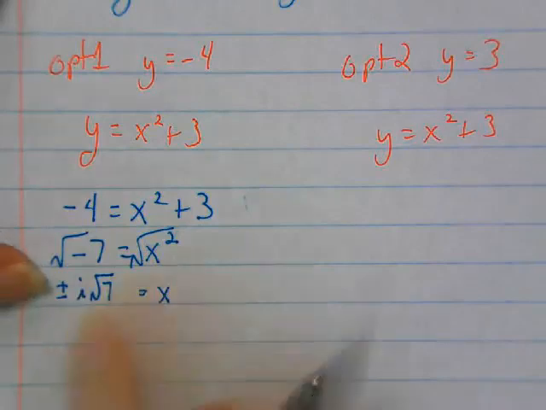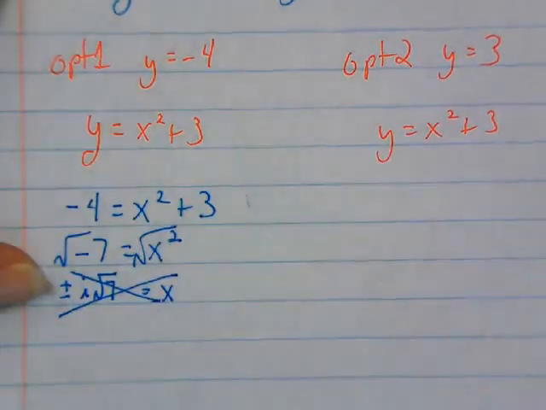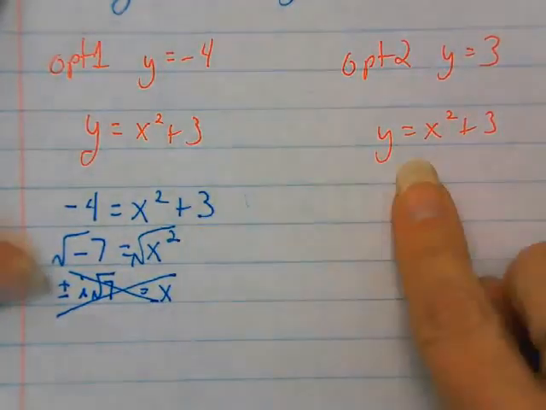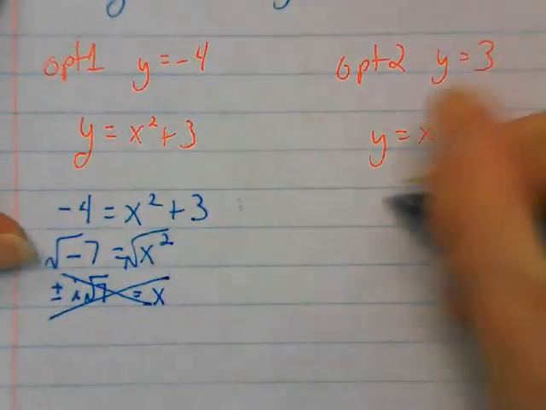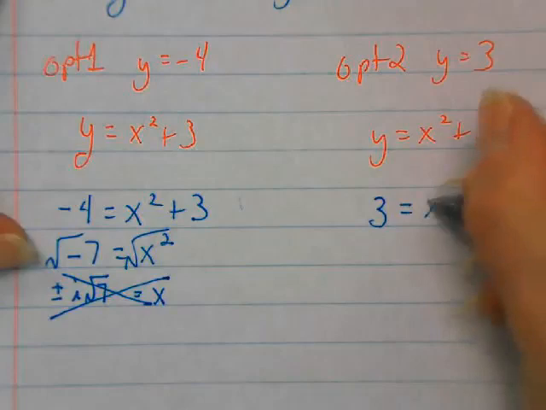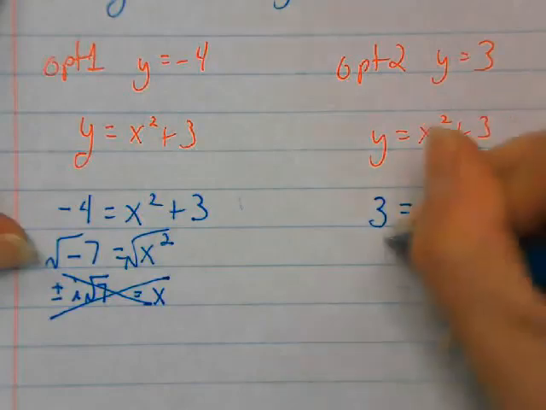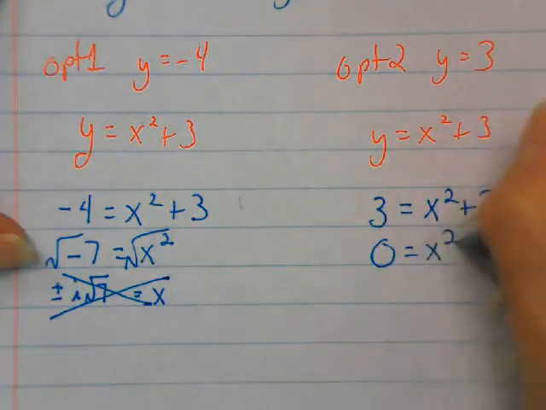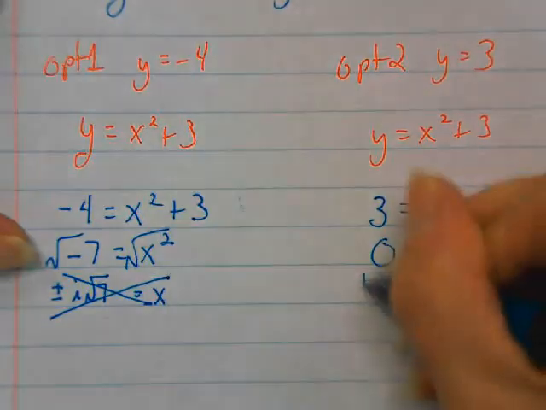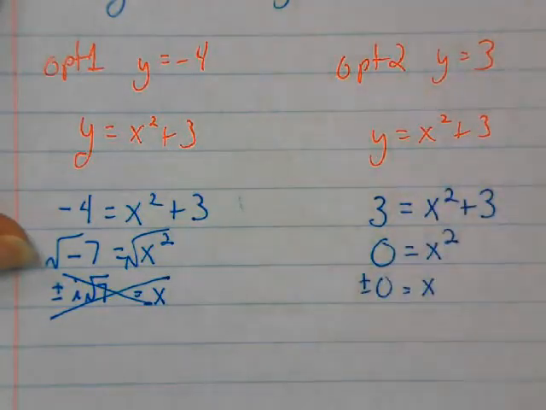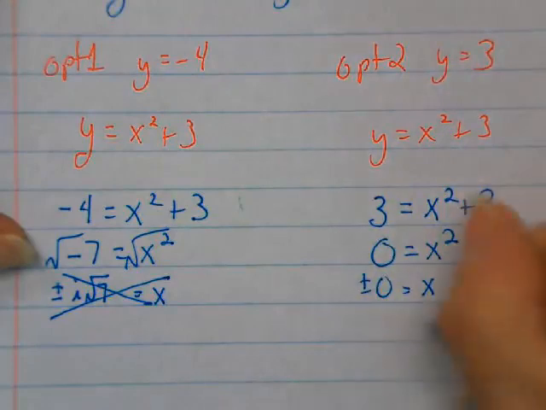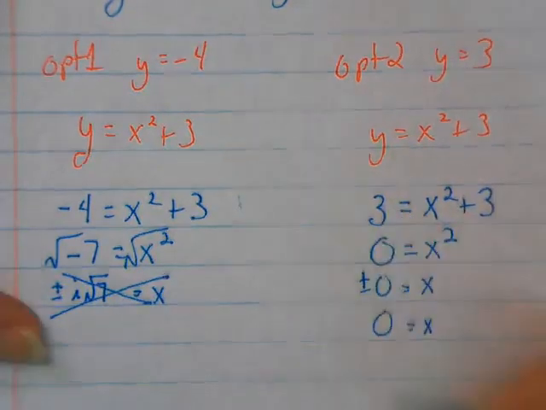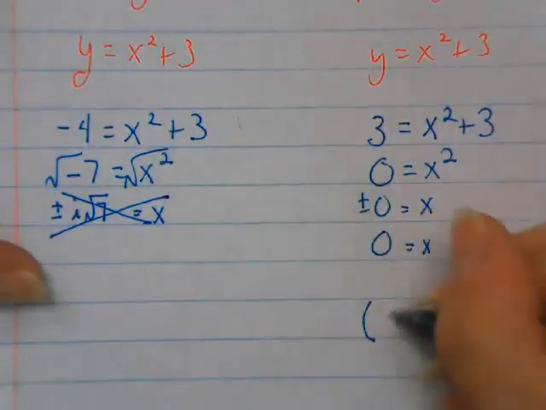So we cross that out. Now I see maybe if this one would give me an answer. 3 is equal to x squared plus 3. 0 is equal to x squared. So x is equal to plus or minus 0. But does 0 have a plus or minus? No, 0 is just 0. So my only solution is 0, 3.